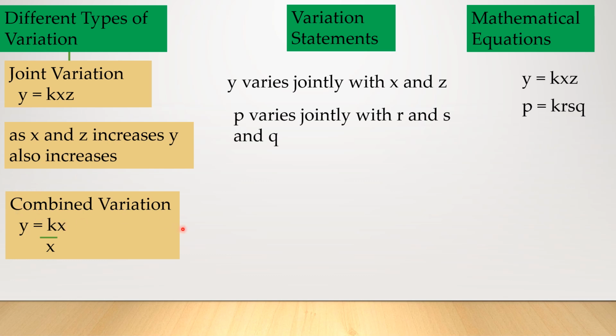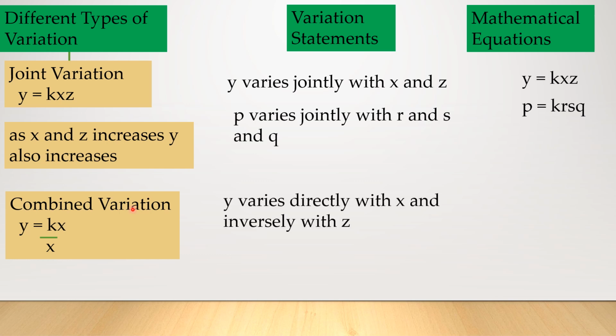Now, for combined variation, it's either a combination of direct and inverse variation, or joint variation and inverse variation. So it's a combination of two or more variations. y varies directly with x and inversely with z means y is equal to k times x, and then since inversely means divided by z.